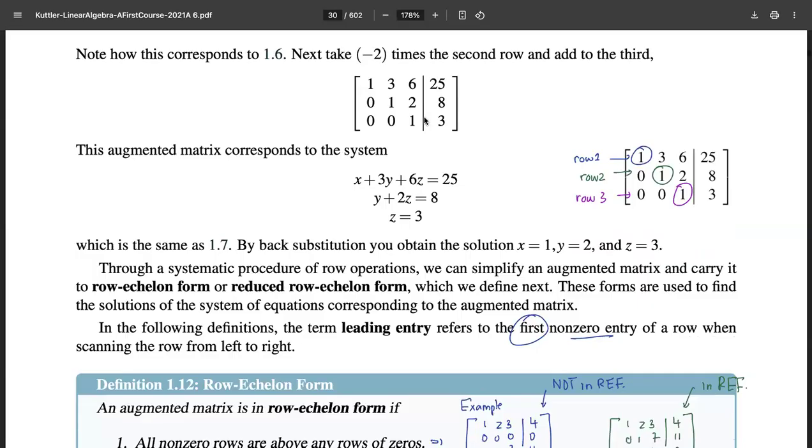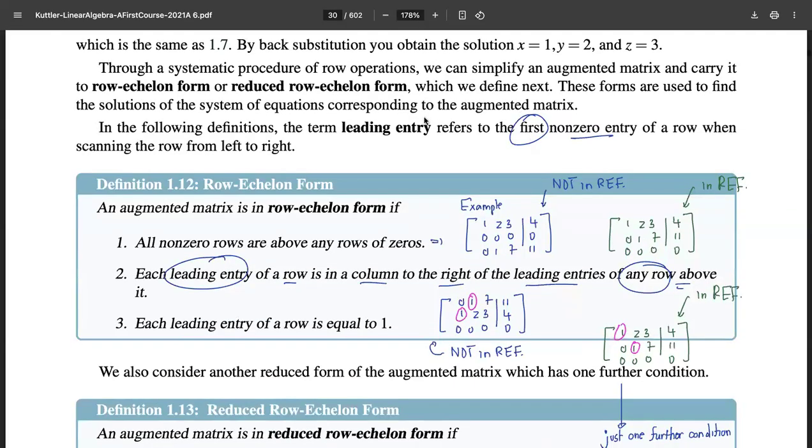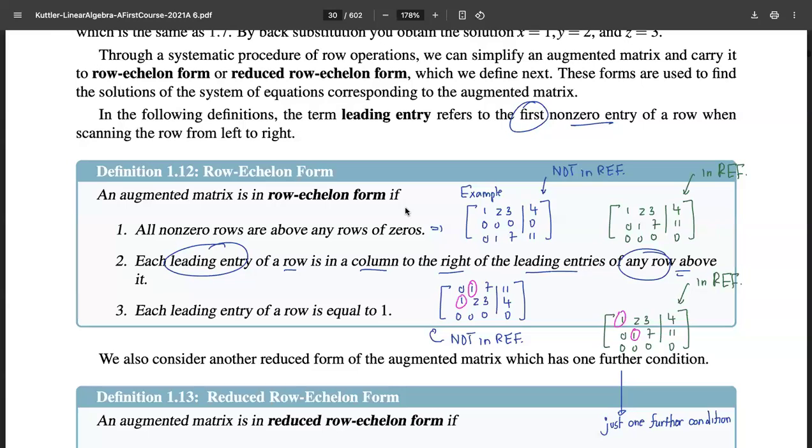So let's look at this definition. An augmented matrix is in row echelon form, short form REF, if all the non-zero rows are above any rows of 0. So if I have a row that consists of entirely 0 on both the constant and the coefficient sides, I want that to be at the bottom.